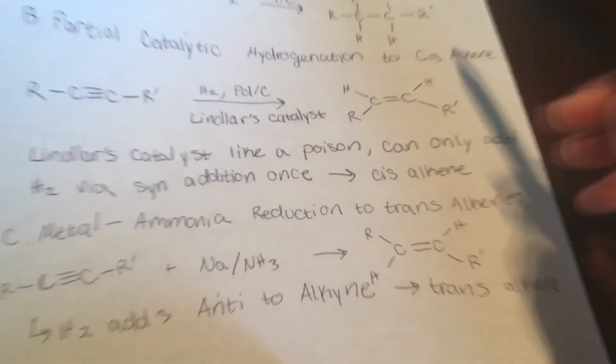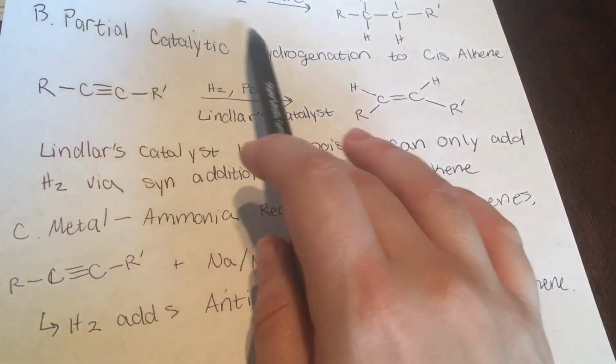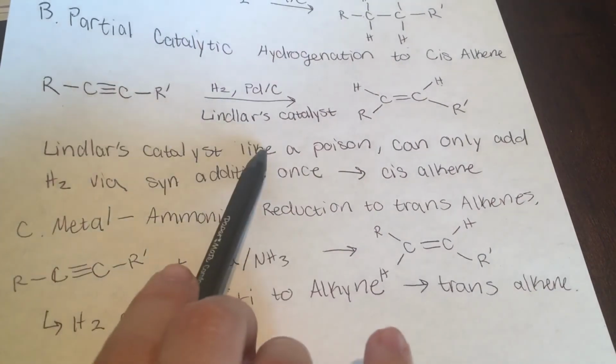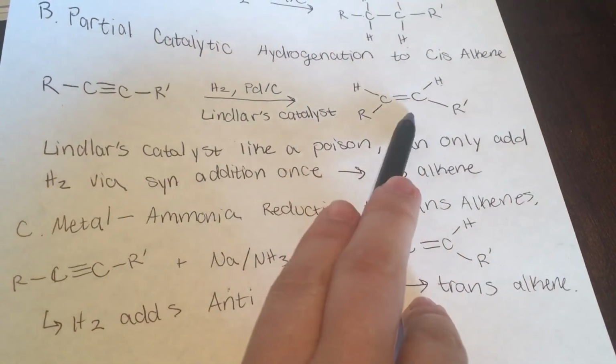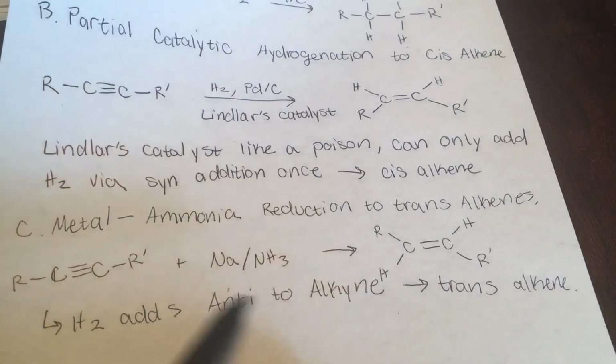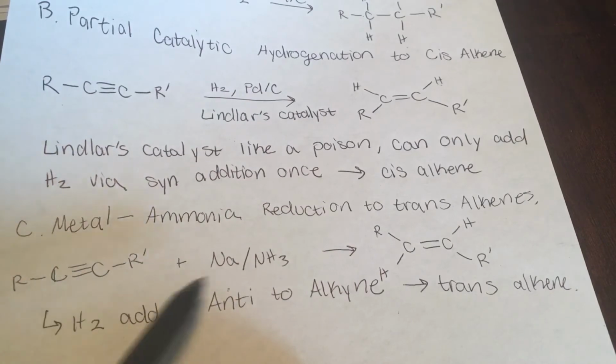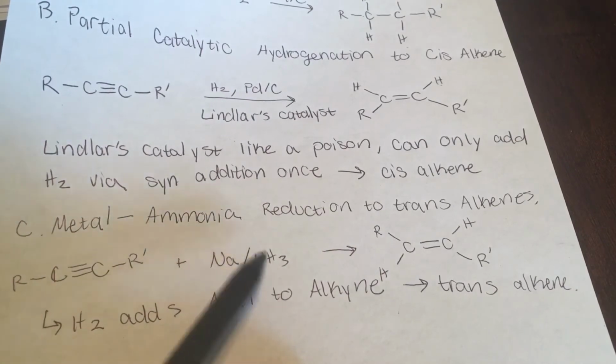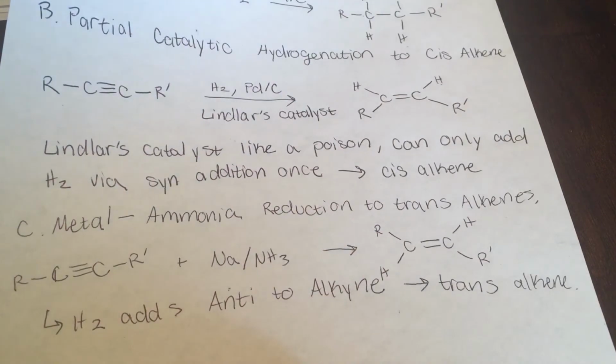So we get an alkane from a triple bond if we don't add a poison. If we add a poison, it only stops at the cis alkene. And if we start a new reaction, sodium metal with ammonia gas, that's going to give us our trans double bond, okay? So that's those three reactions there.